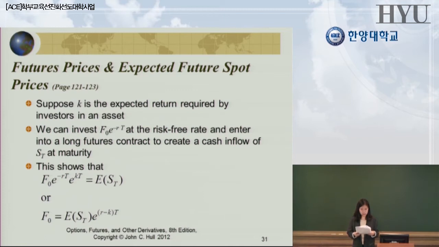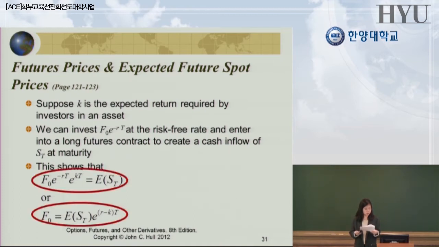And last, the relationship between futures prices and expected future spot prices. Suppose k is the expected return required by investors in an asset. We can invest F0 discounted by the risk-free interest rate at the risk-free rate and enter into a long futures contract to create a cash flow of ST at maturity.